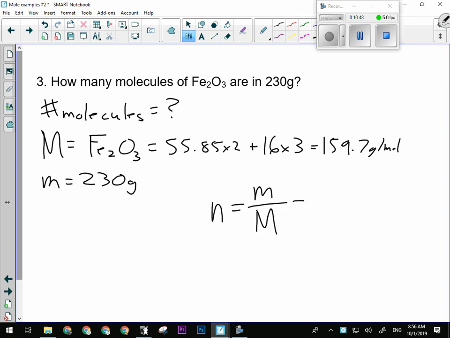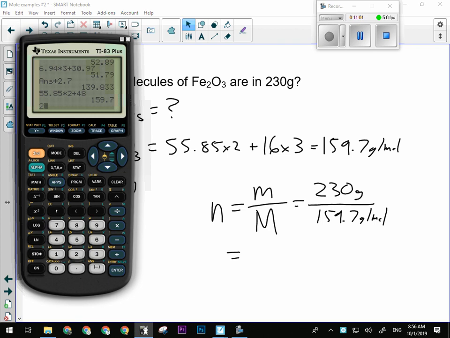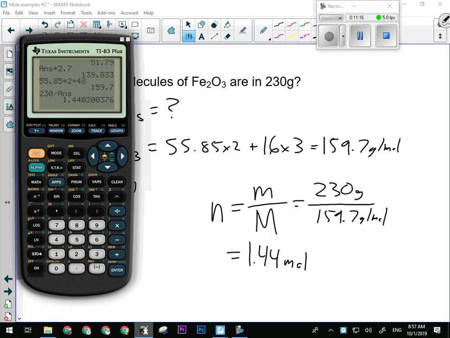So I'm going to take my 230 grams and divide it by 159.7 grams per mole to get the number of moles. So there are 1.44 moles of this stuff. Now, here's something else we need to realize. I rounded off here, but it's just because I don't want to write all those decimals because I'm lazy.